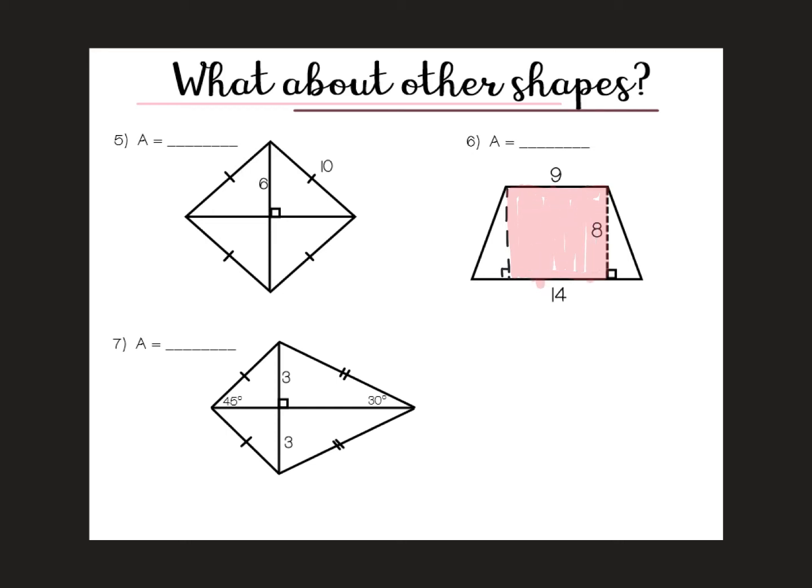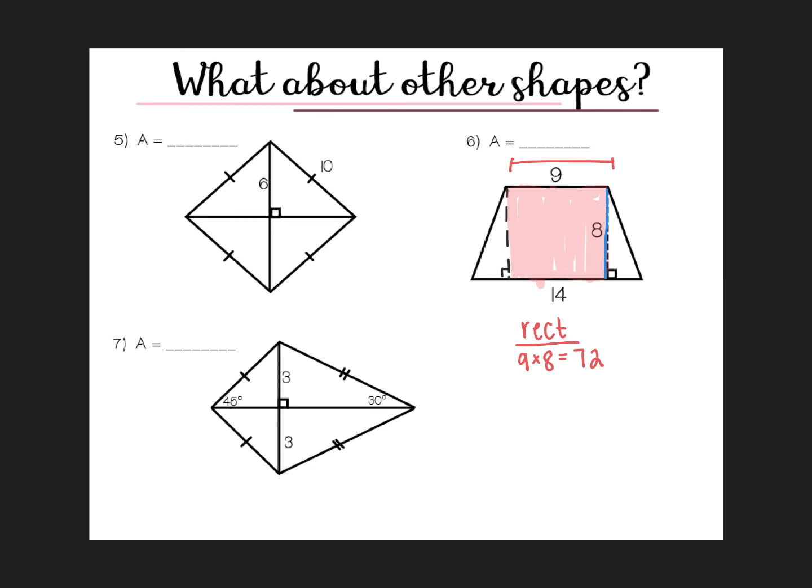I can see that the base of this rectangle is 9, and the height of this rectangle is 8. So to find that area, I would do 9 times 8. So the area of the rectangle is 72.